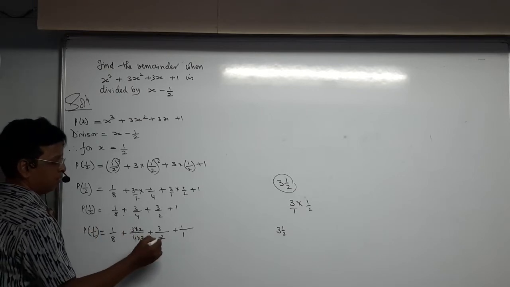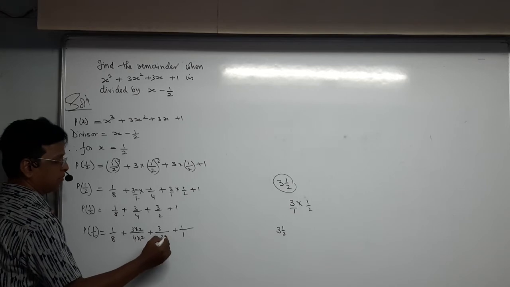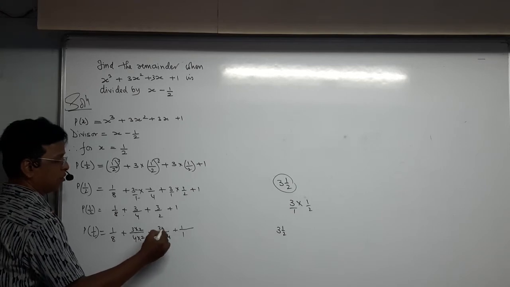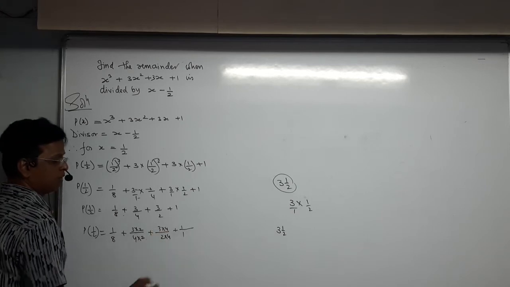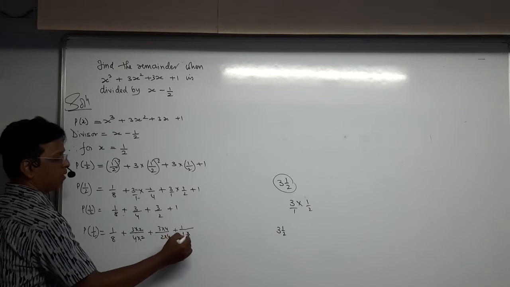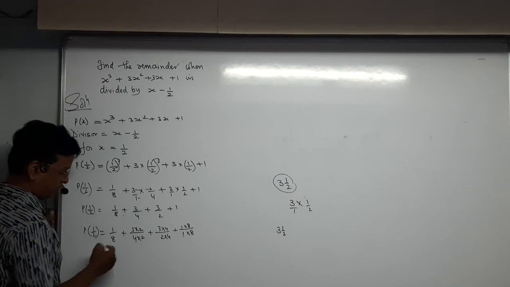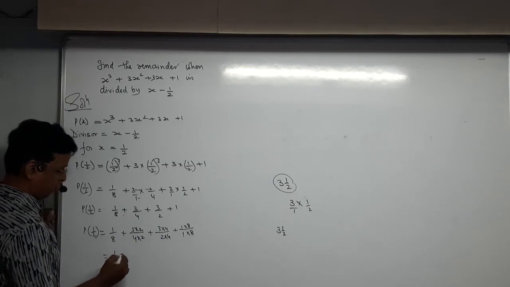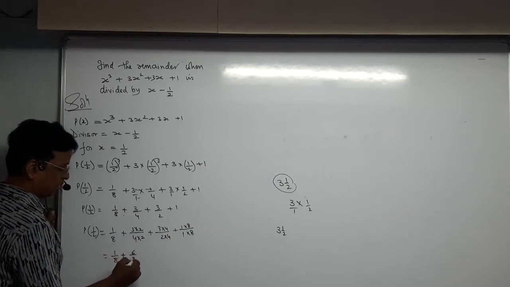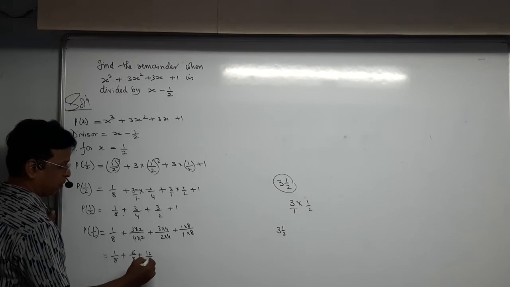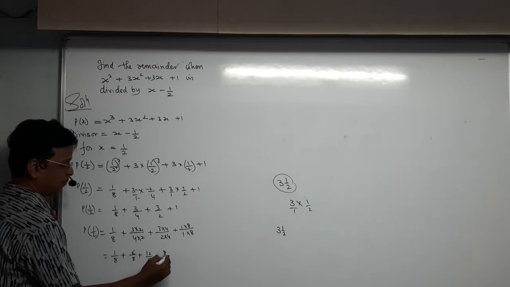If I make this also 8, then multiply this by 4, then numerator also I will multiply by 4. I want to make this 8, so I will multiply this by 8, so up also I will multiply by 8. So everybody will get converted to 8. 1 upon 8, 6 upon 8, 12 upon 8, 8 upon 8.